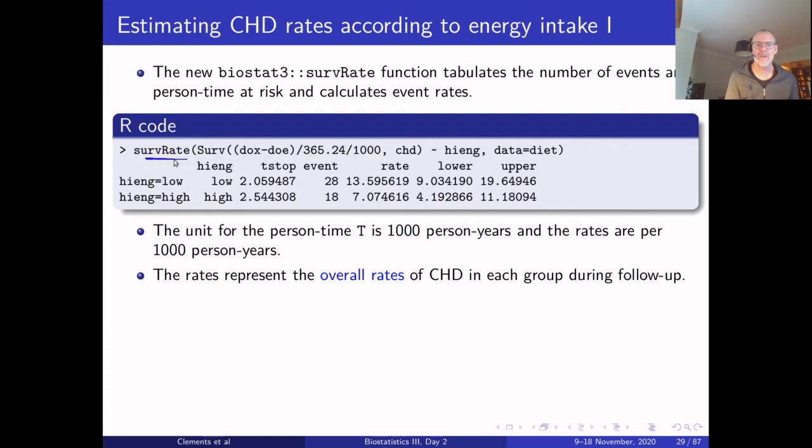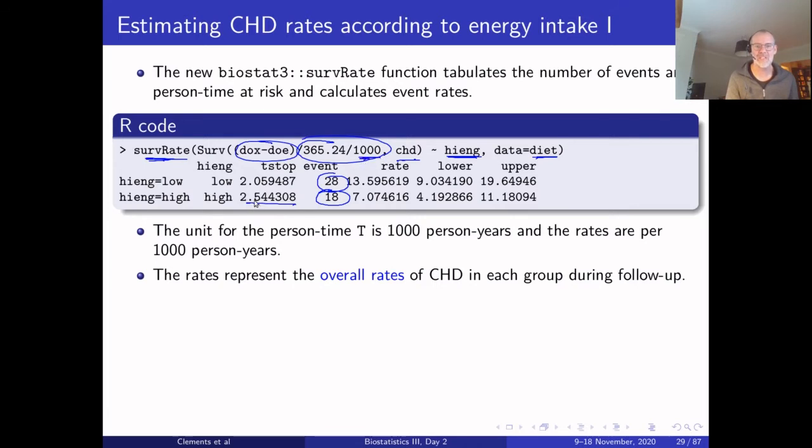We use the serve rate for time on study expressed per 1,000 person years for CHD, stratified by high energy from the diet data. We find that for the low energy, we have 28 events, and for the high energy, we have 18 events with slightly more person time. And don't forget, this is per 1,000 person years.